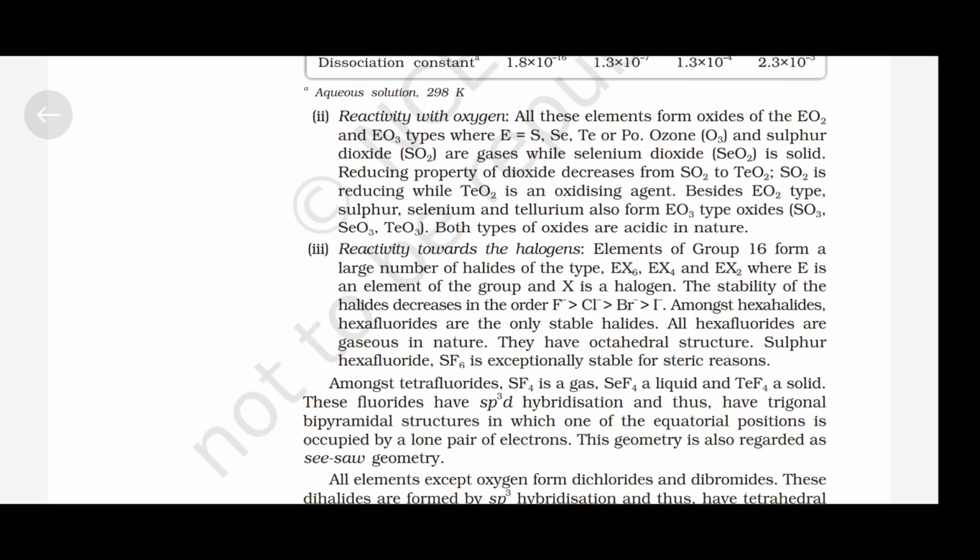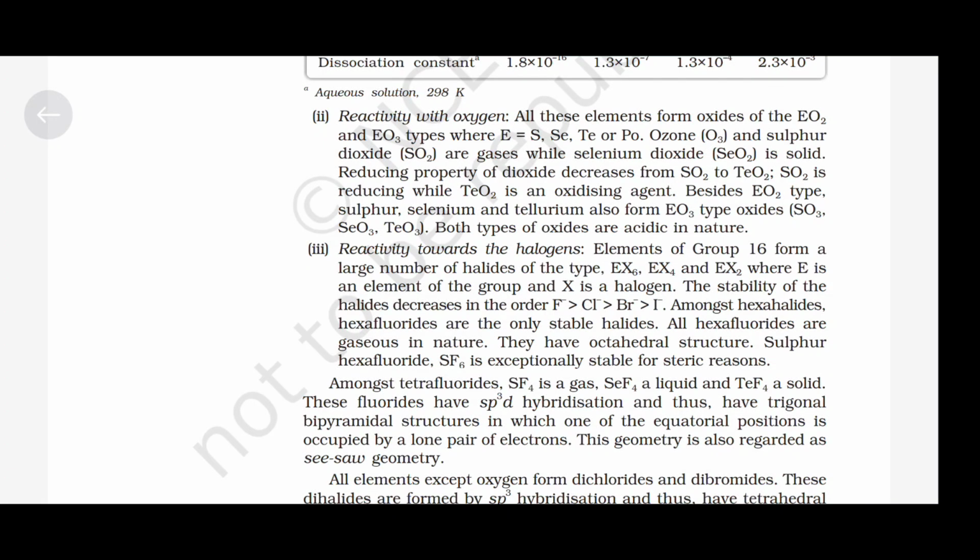SO2 is reducing while TeO2 is an oxidizing agent. Besides EO2 type, sulfur, selenium, and tellurium also form EO3 type oxides: SO3, SeO3, TeO3. Both types of oxides are acidic in nature.